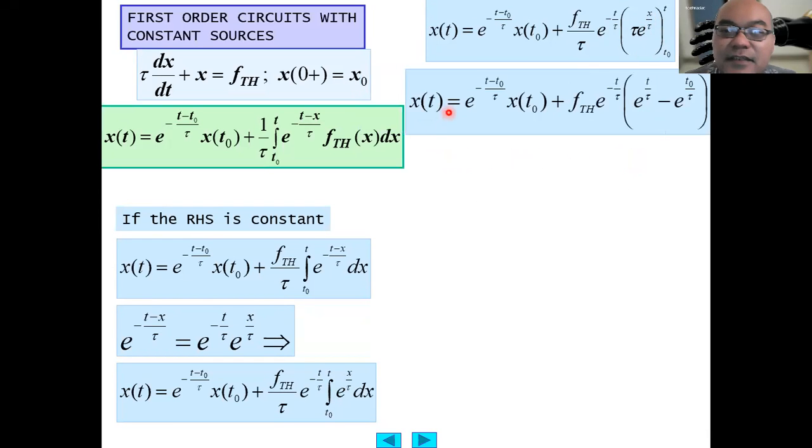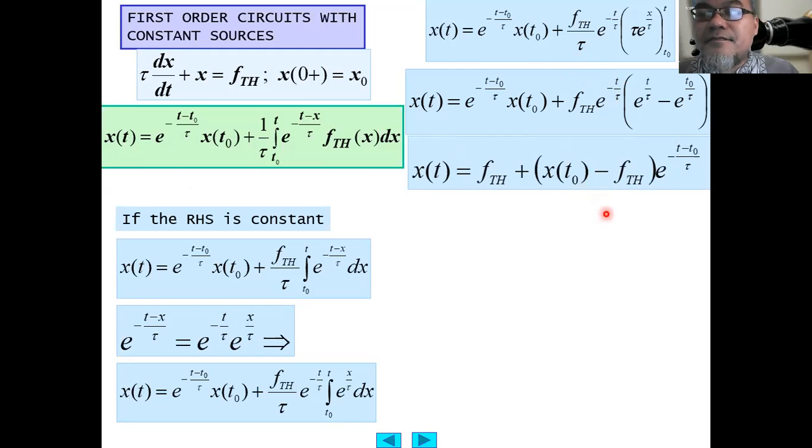So from here, x(t) equals again like this, and this term can be re-expressed: exponent t over tau minus exponent t0 over tau. The tau term here will cancel with the tau in the denominator. Then this can be simplified further.